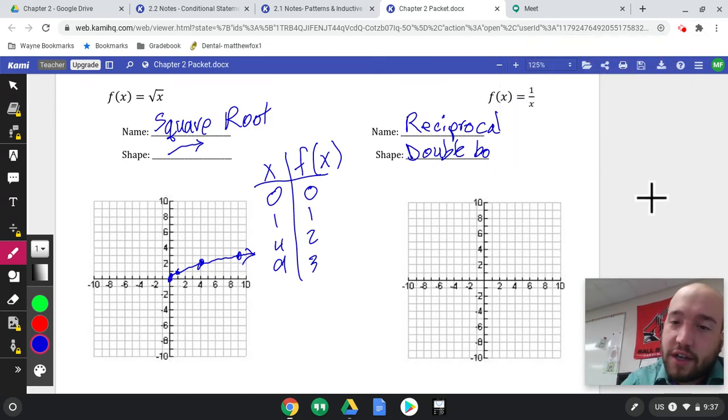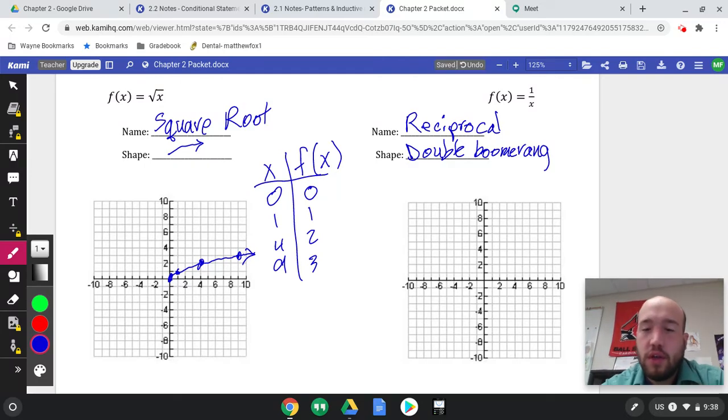What I mean by that is it kind of is going to look like two boomerangs going in our situation here. So I'll show you quick.